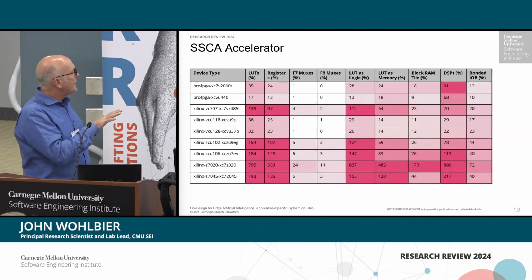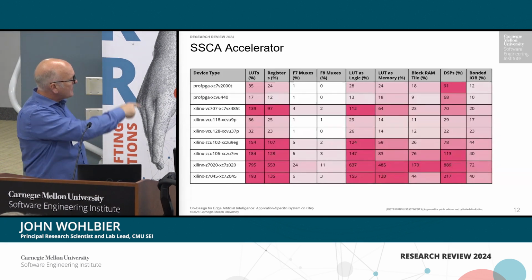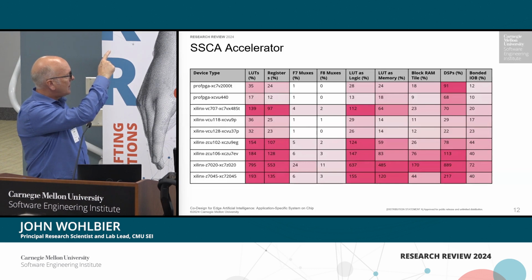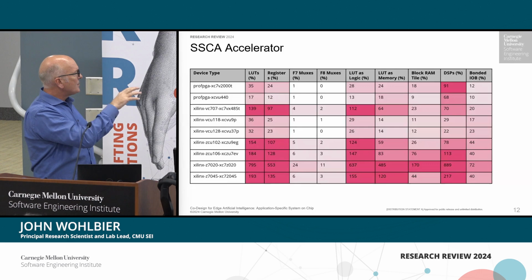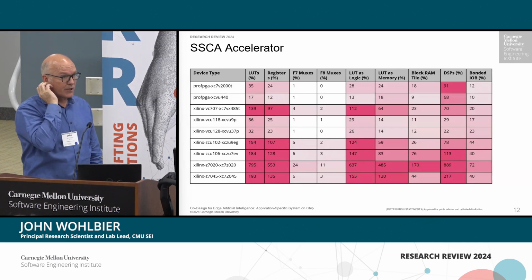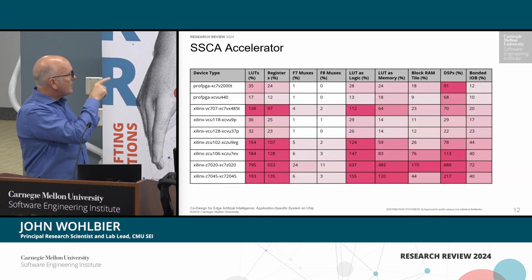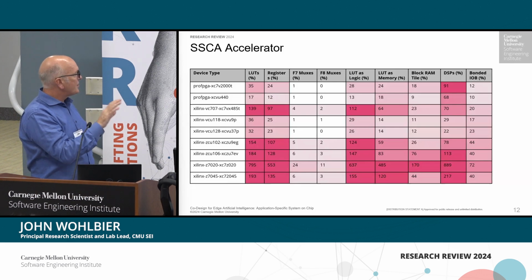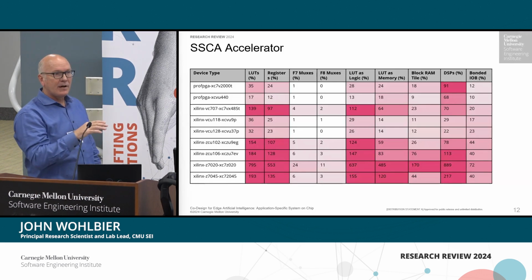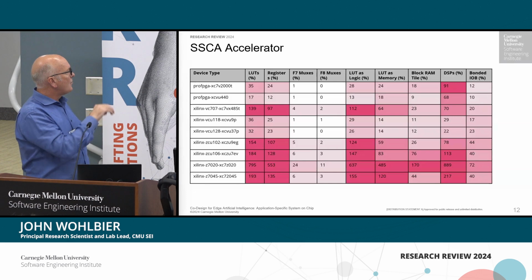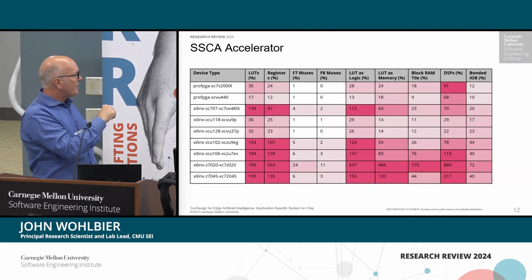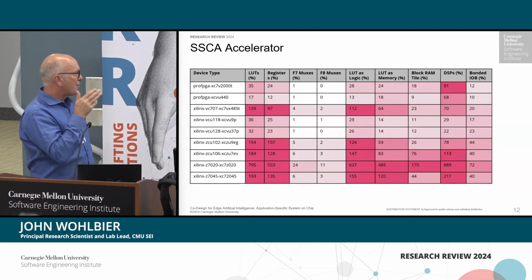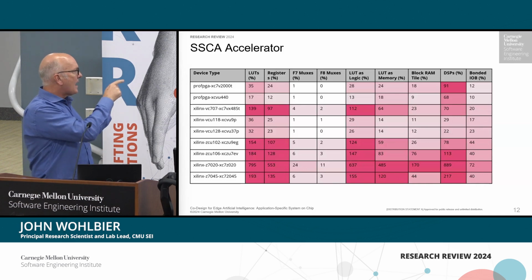This is just another picture. On the left is a list of Xilinx FPGAs, field programmable gate arrays, and the numbers are the percent of utilization. This workload is of a certain size, and it's not going to fit on everything. When there's a dark red, that means we've blown out of the resources, so we couldn't put our thing on that part.